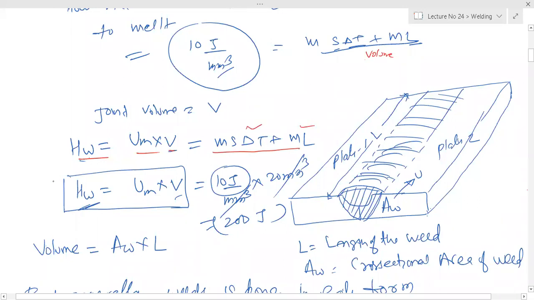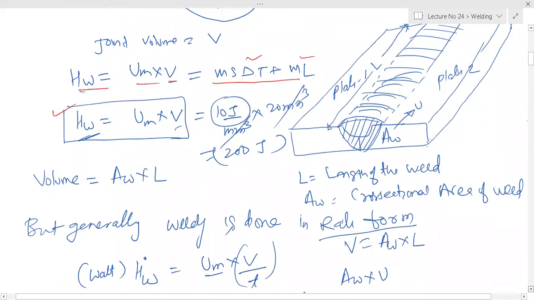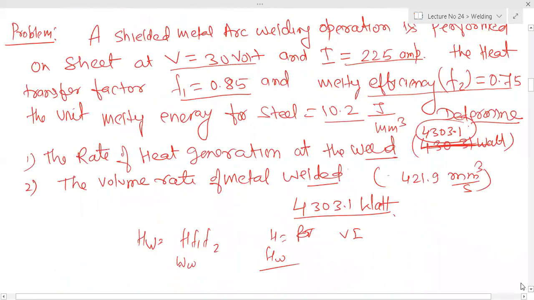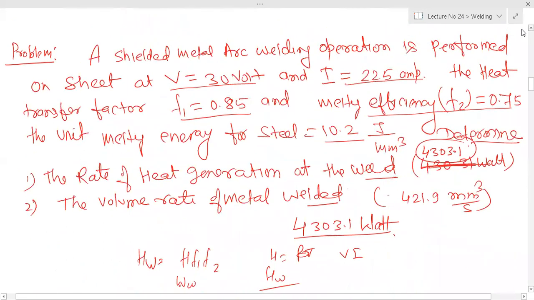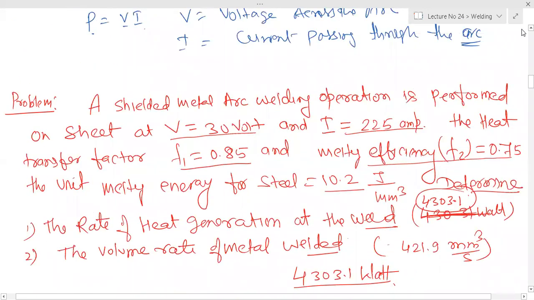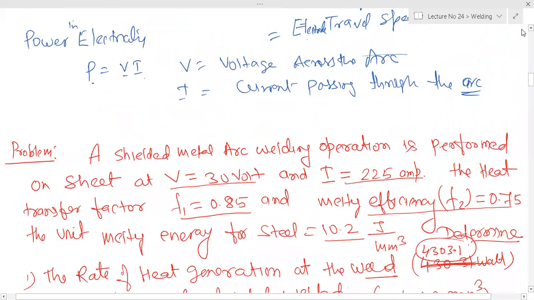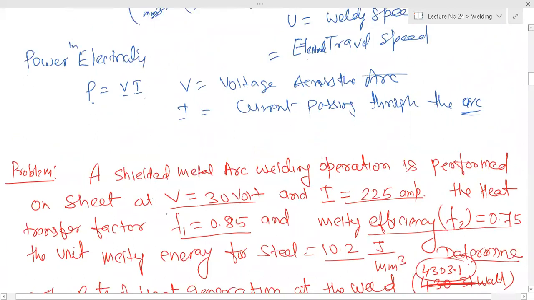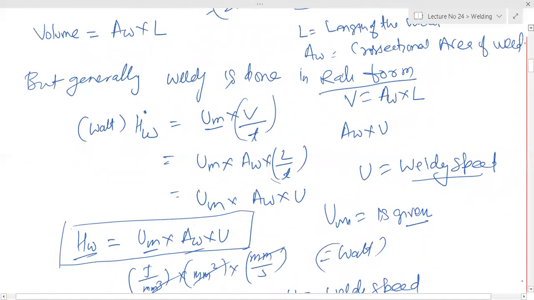And finally we got this. And again, the weld volume we discussed.